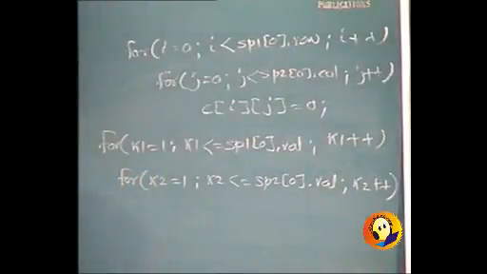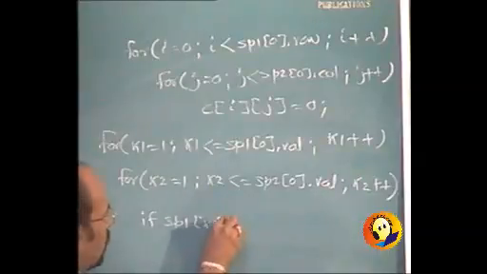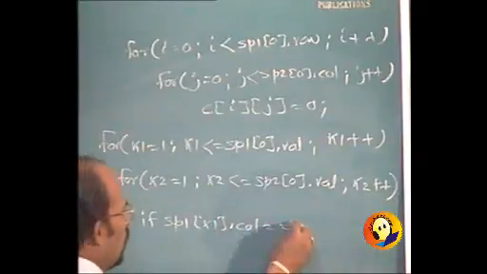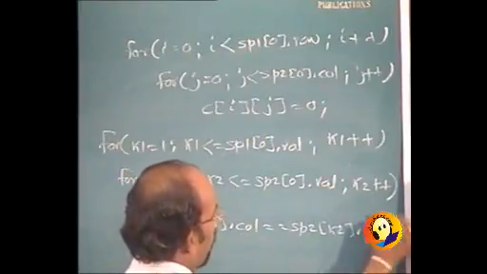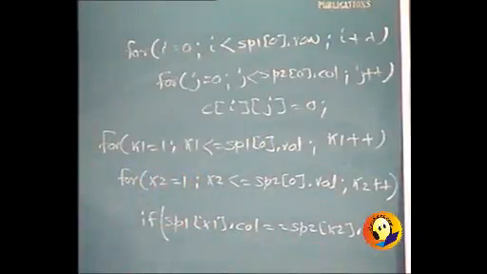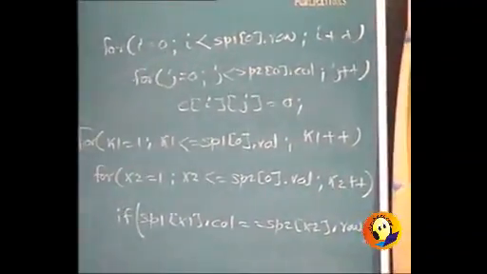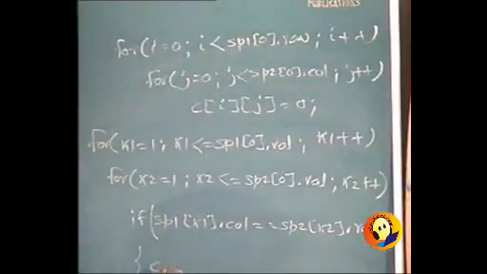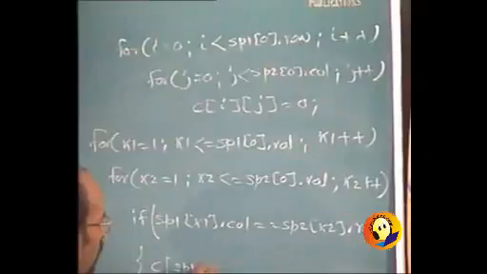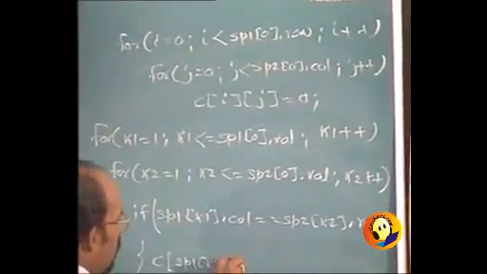So one element in sp1 now is to be compared with all the elements in sp2 for the condition that if sp1 square bracket k1 dot col is equal to sp2 square bracket k2 dot row, यहाँ का कॉलम नंबर अगर यहाँ के रो नंबर से मैच होता है, in that case the corresponding product should be added to C of sp1 square bracket k1 dot row.